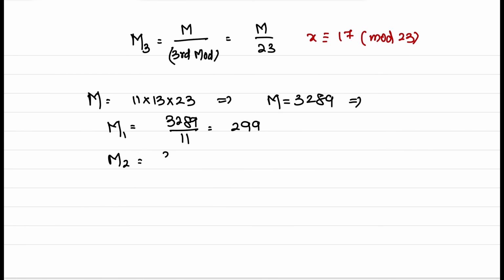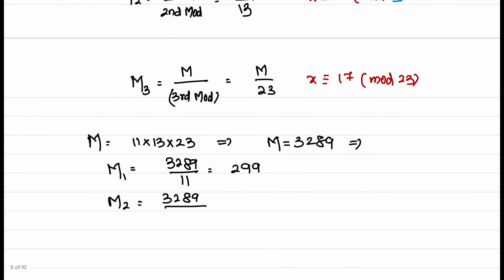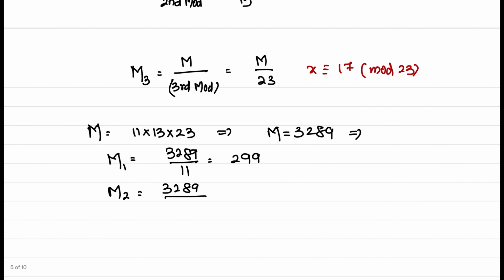M2 is equal to 3289 by 13. That is 253. M3 is equal to 3289 by 23. That is equal to 143.